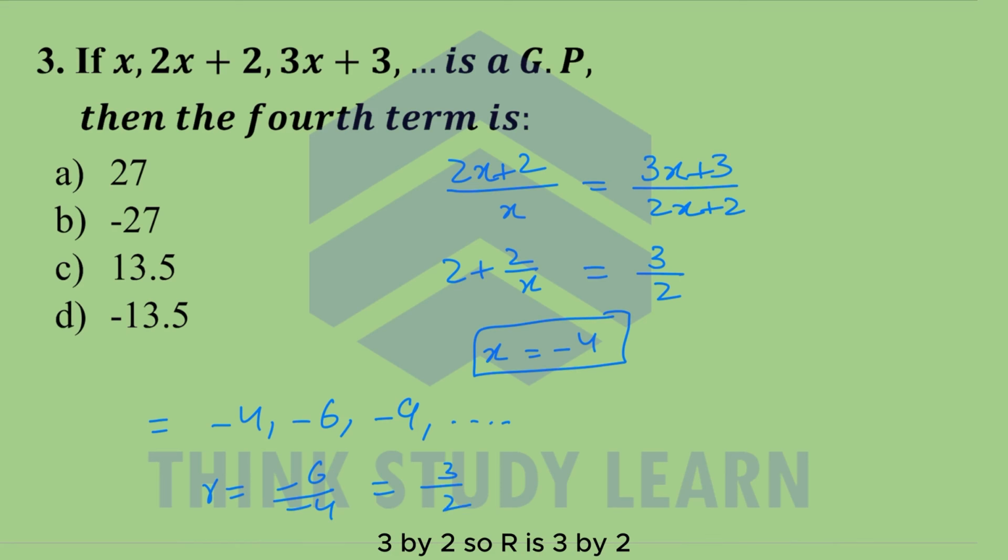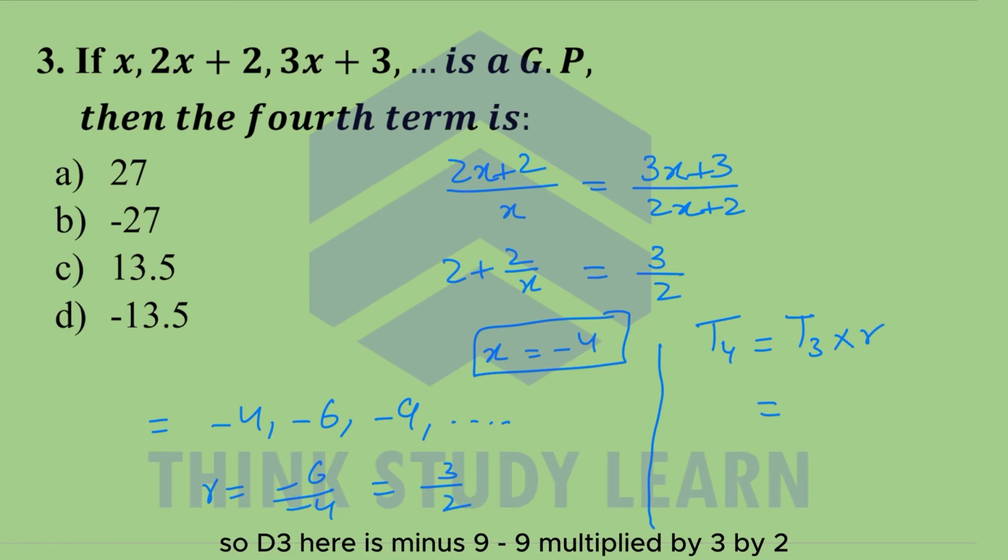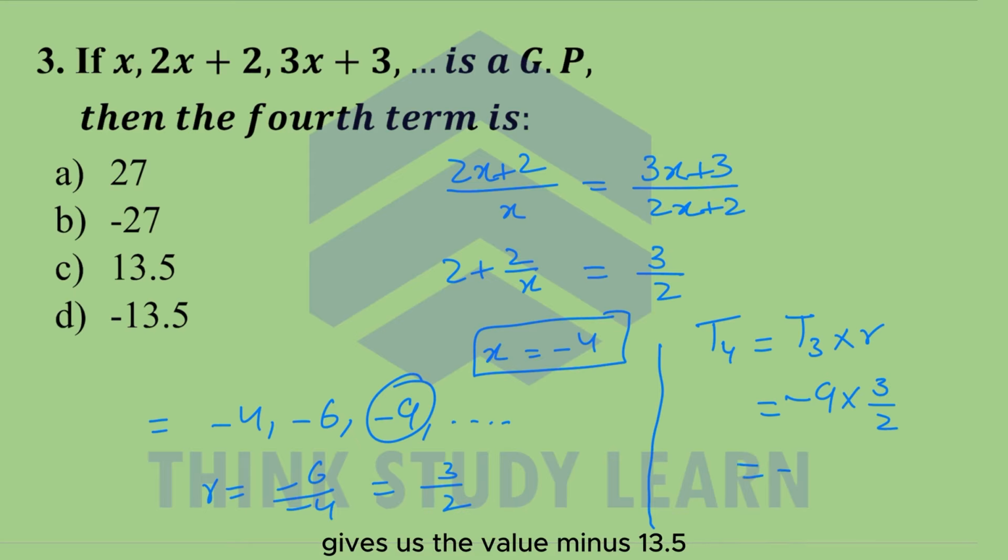So r is 3 by 2, and now we have to find the fourth term. T4 will be T3 multiplied by r. So T3 here is minus 9. Minus 9 multiplied by 3 by 2 gives us the value minus 13.5. D option is the right answer.